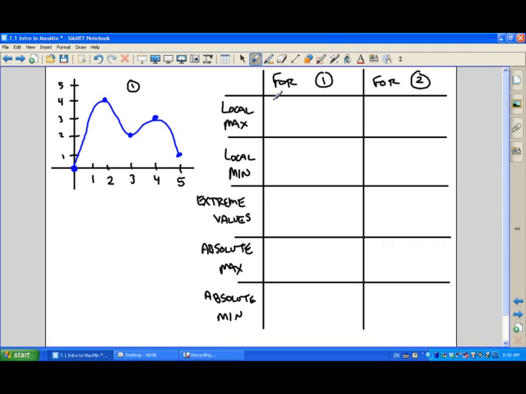I have one at the point (2, 4), and I have a second local maximum at the point (4, 3). For local minimums, these are the parts of the curve that look like the bottom of a valley, and I see one local minimum at the point (3, 2).